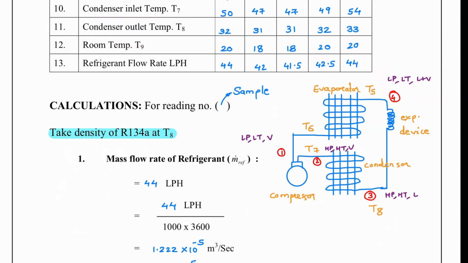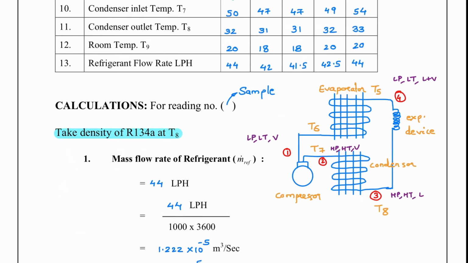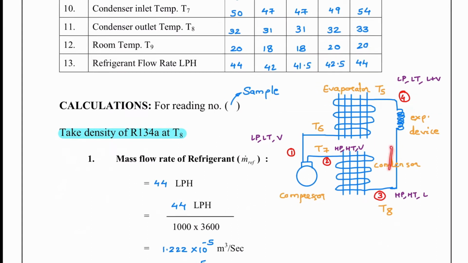Before starting with the calculation part, we'll understand the position of the rotameter, where we take the reading of refrigerant flow rate. This rotameter is attached after the condenser. Here you can see after the condenser, the rotameter is attached, and what is entering the rotameter is T8 temperature liquid refrigerant.